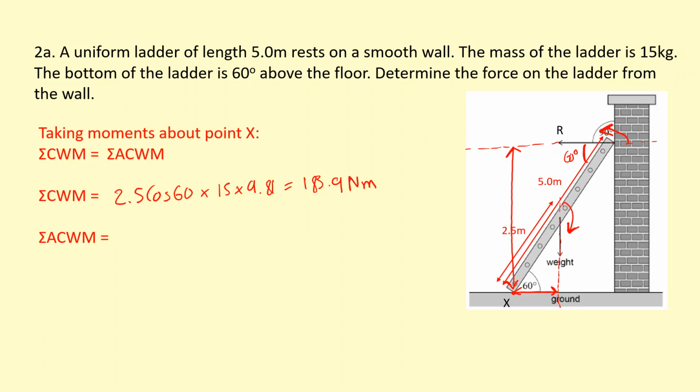So the anti-clockwise moment is the normal reaction force times 5 times sine 60. That is 4.33 times the reaction force, and if I balance this, 4.33 times the reaction force equals 183.9, and I solve for R. R is equal to 42 newtons.